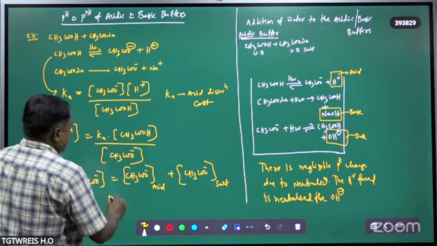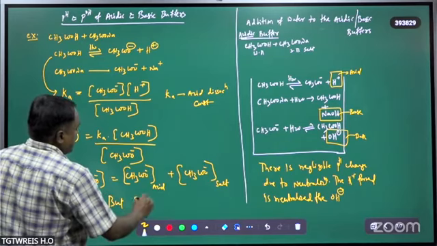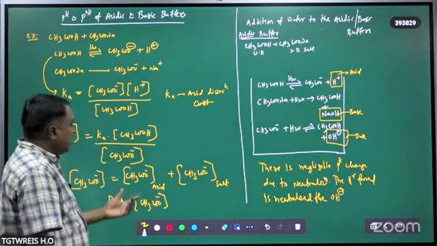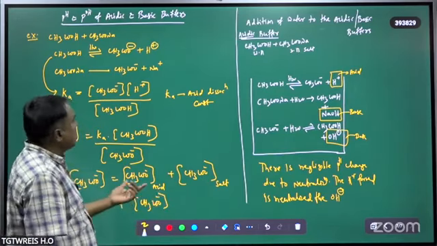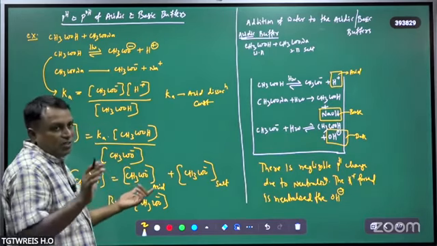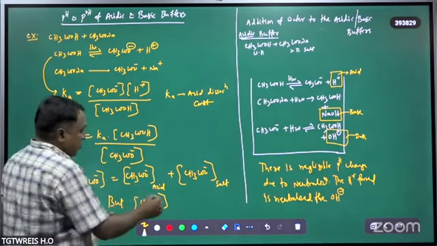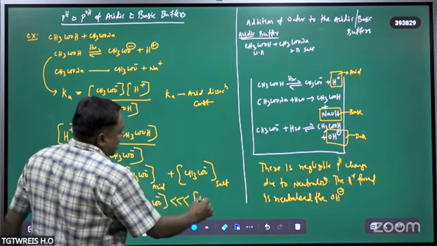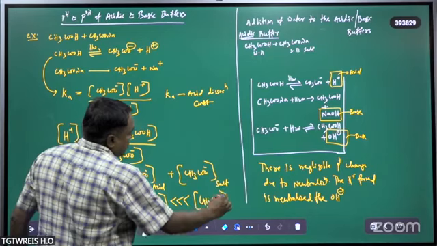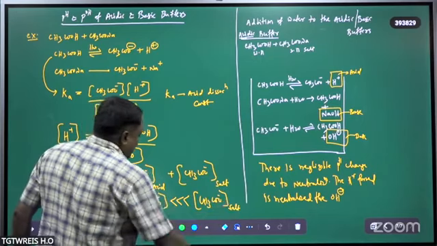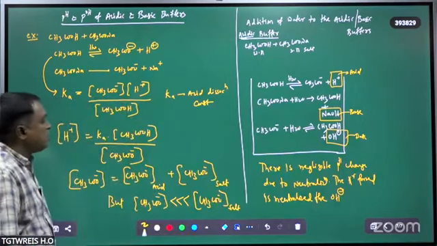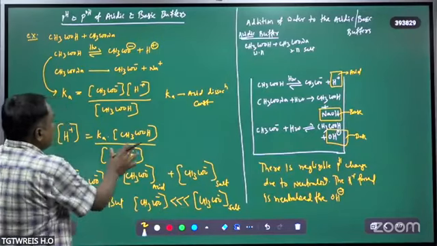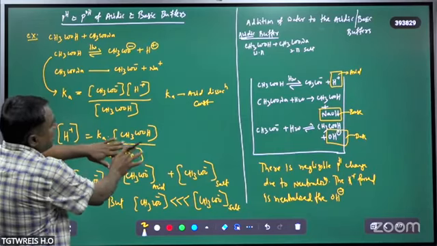But the acid is a weak acid, it never undergoes complete ionization. Therefore its concentration is very, very much less than the concentration of CH3COO minus from the salt. Therefore, most of this CH3COO minus is coming from the salt only.